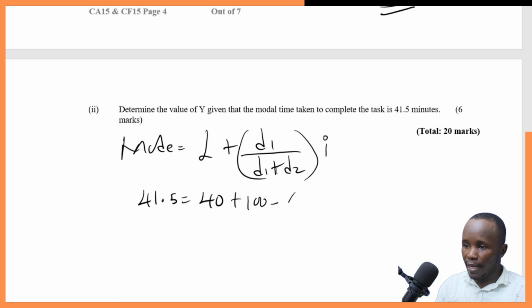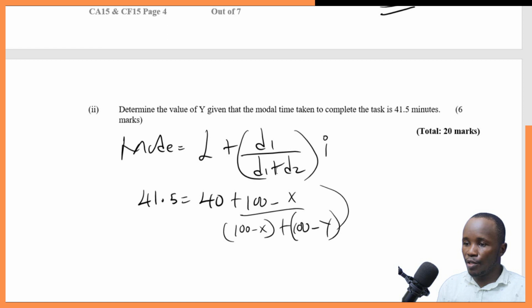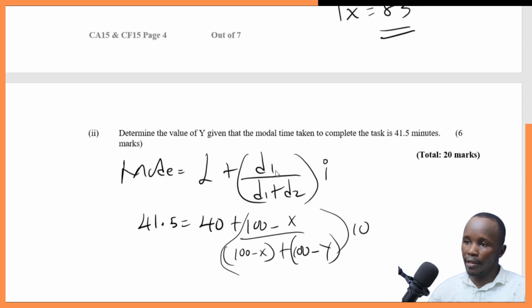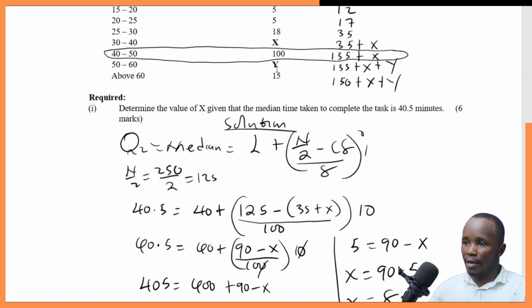So we have the modal frequency minus x, divided by the same 100 minus x plus 100 minus y. Then the whole of this we multiply by 10. Why am I saying 100 minus y? We are saying that this is 100 minus y and the class width is 10.